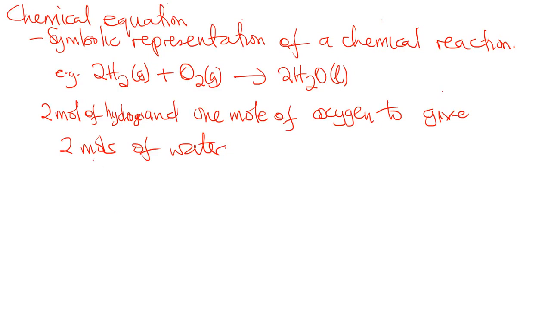And you see here, every chemical equation has reactants. So what are reactants in a chemical equation? Reactants are just the species that we are combining to react.